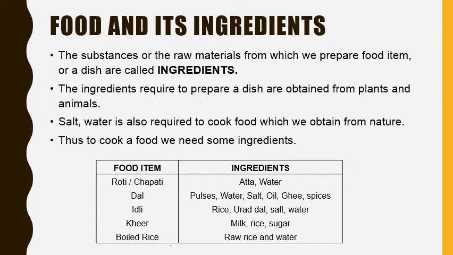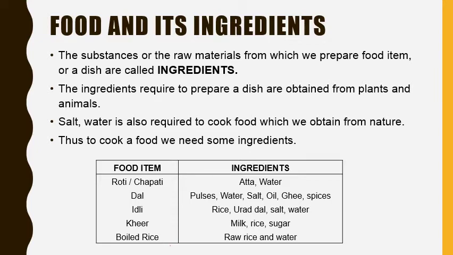Like for the food item chapati, we need atta, water to knead it, and then definitely heat is used to cook it. For dal: pulses, water, salt, oil, ghee, spices; these are all the ingredients required to cook dal.